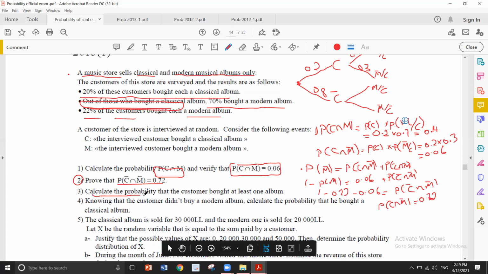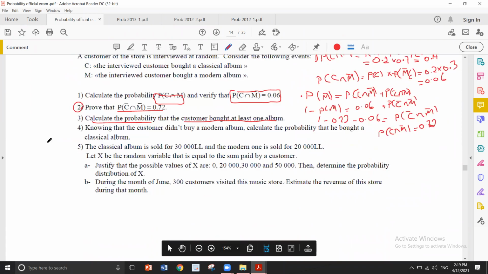Calculate the probability that this customer bought at least one album. How do we calculate this one? Part 3.